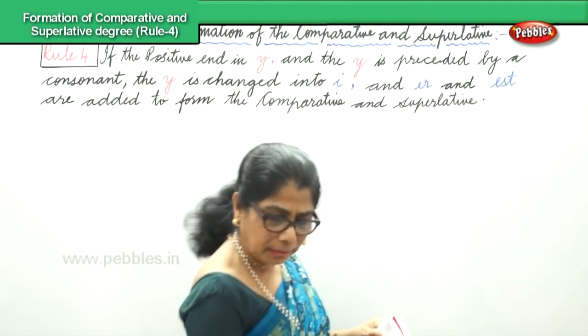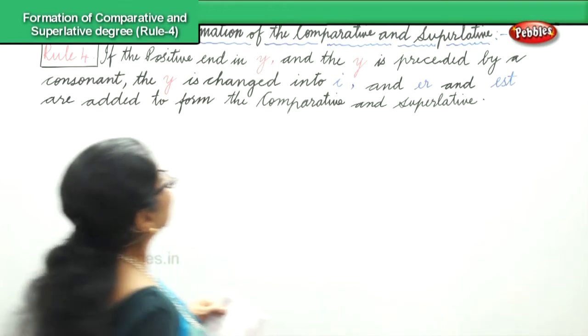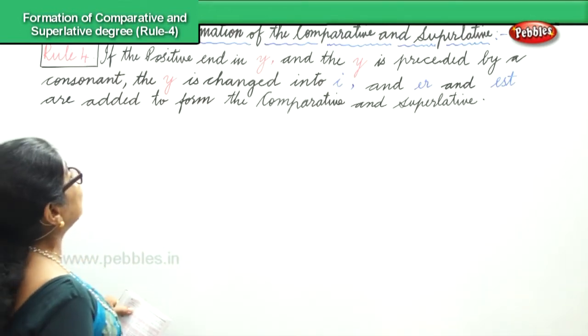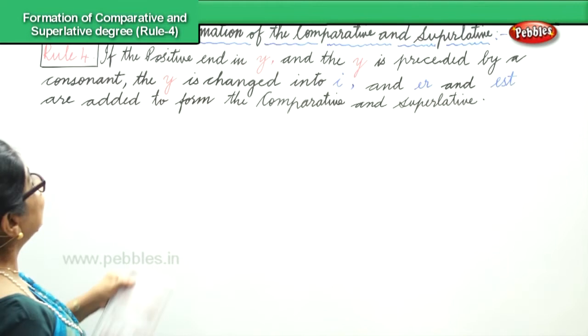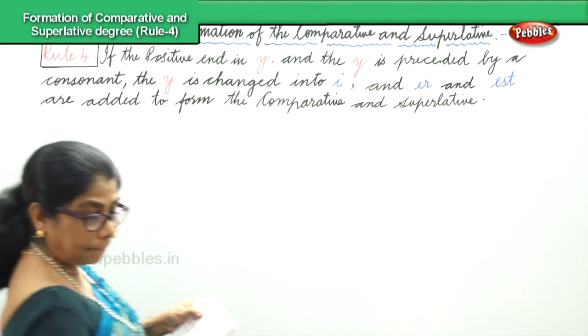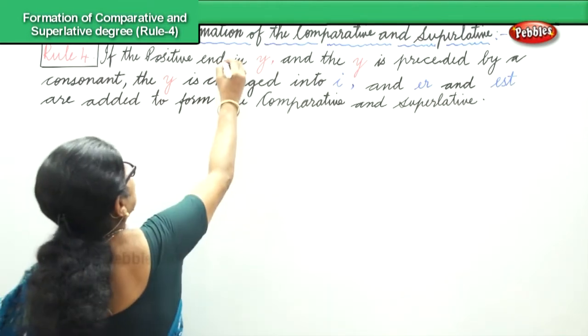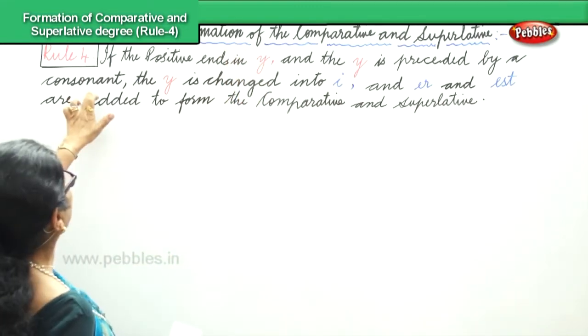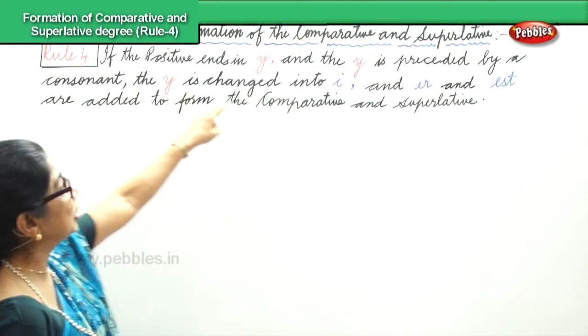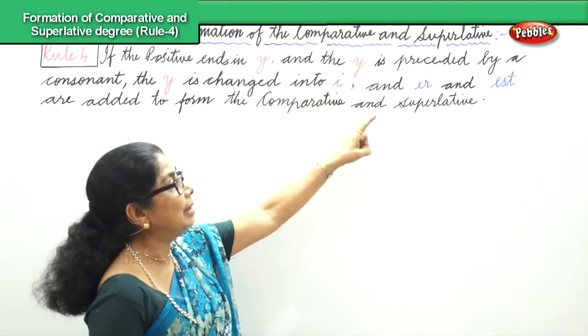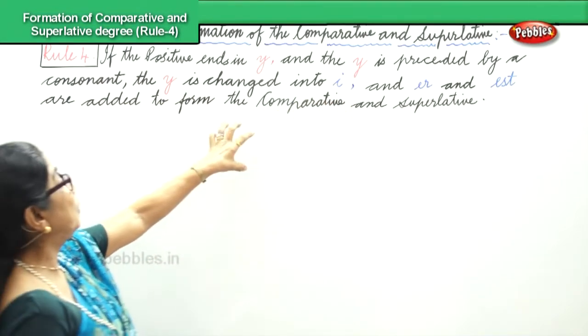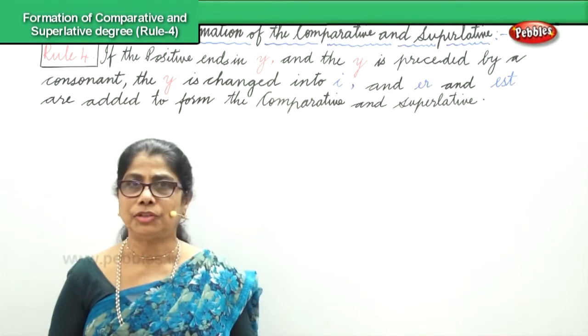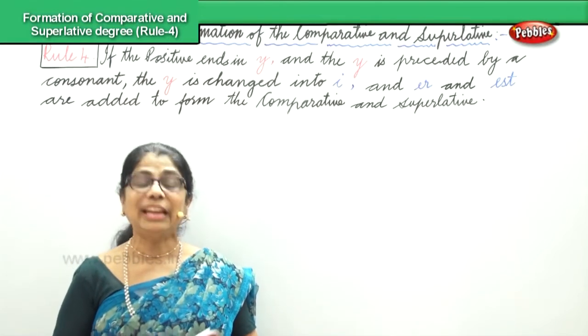Okay, let's look at rule number 4. Rule number 4 says the positive ends in Y, and the Y is preceded by a consonant. The Y changes into I, and ER and EST are added to form the comparative and superlative.